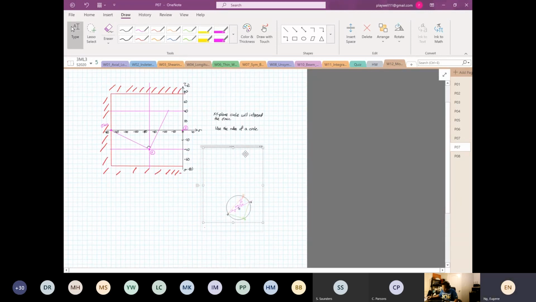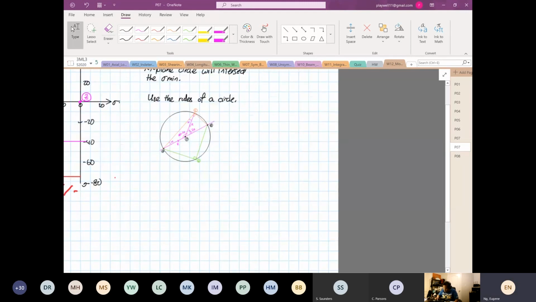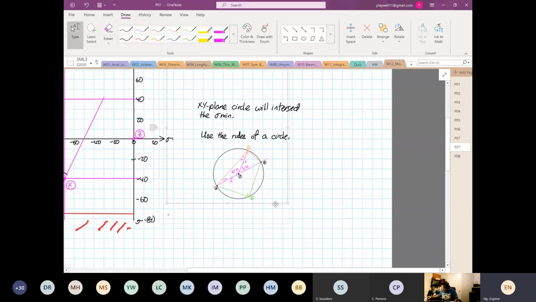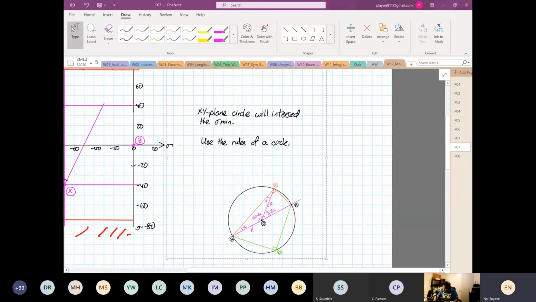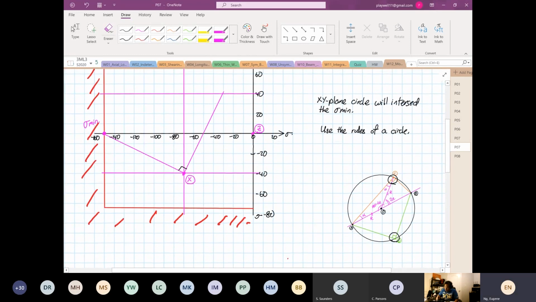So the rules of the circle, that is what we have over here. Can you see this 90 degrees? Can you see this is 90 degrees also? So now I construct a line 90 degrees, adjacent from one another.